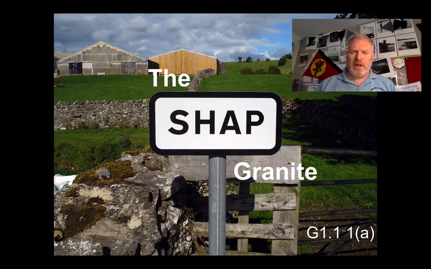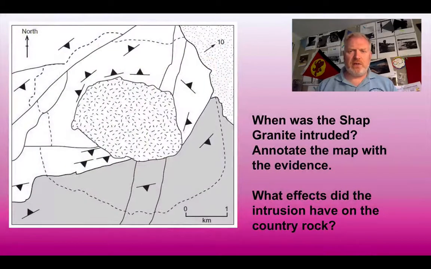Okay, let's start by having a look at the Pluton itself. This is a simplified geological map of the area. What I'd like you to do is to work out when this was intruded. Can we work out from the geology of this site the time period that it was formed?